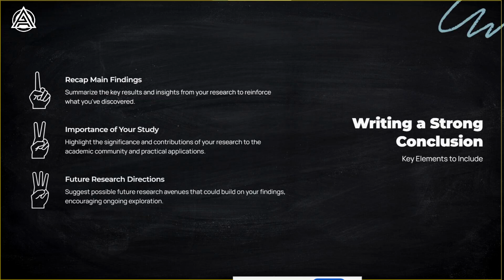Finally, writing the conclusion part. There are three points I want to mention. First, you have to recap your main findings and explain the significance of your study. Then, future research directions.